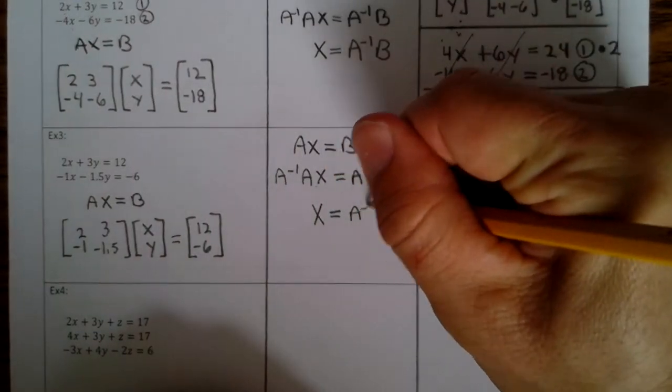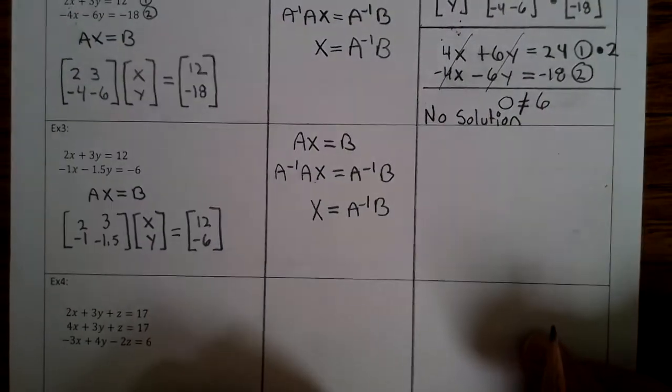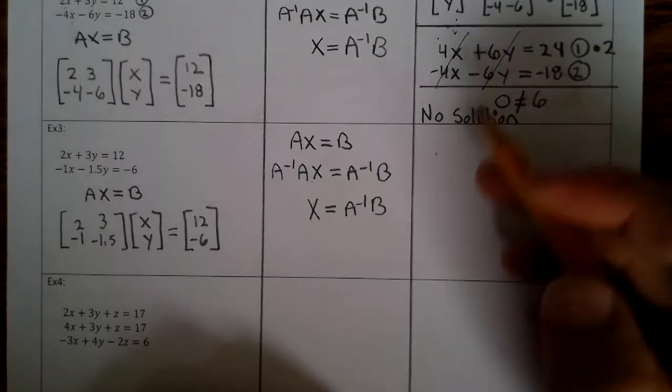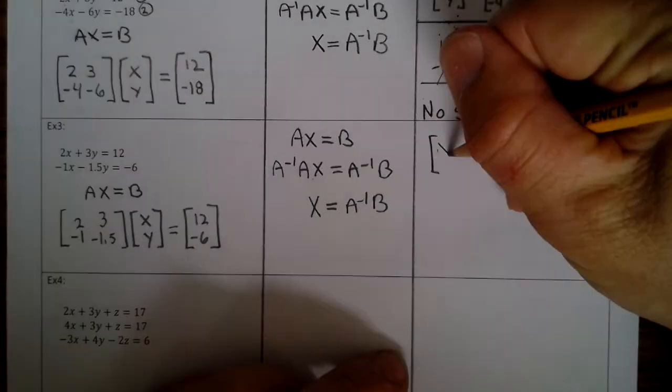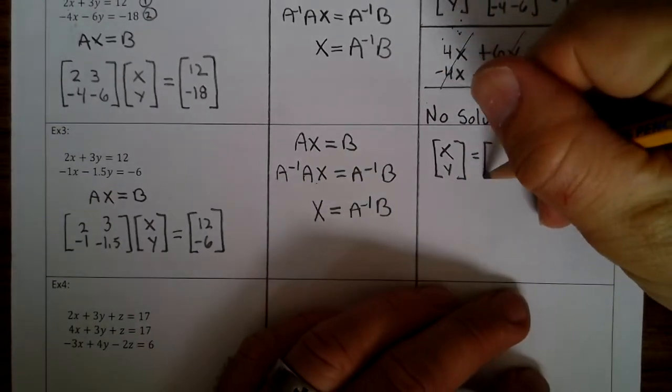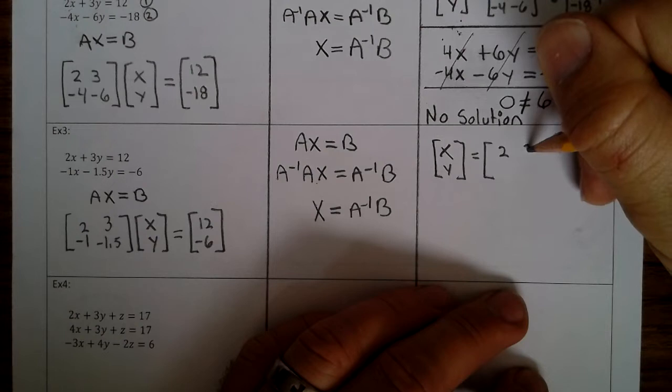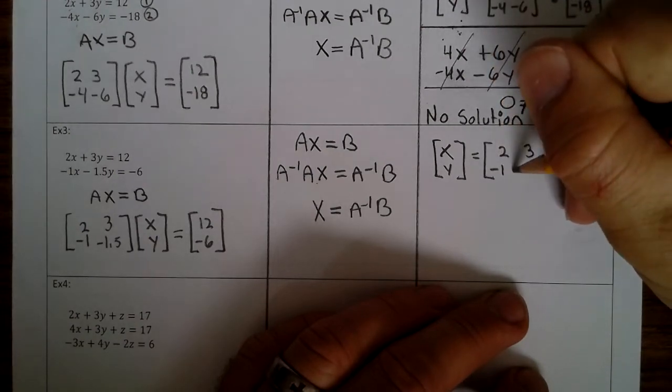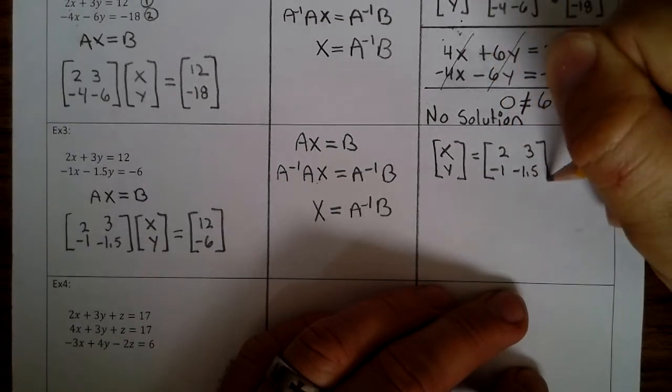So X, Y equals 2, 3, -1, -1.5 inverse times matrix B, which is 12, -6.